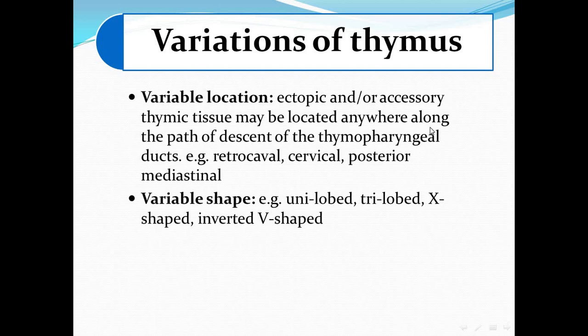If it's not found within the normal location and there is a soft tissue mass elsewhere which has the same characteristics of the thymus gland, we should think of variable location of the thymus. Variable shape: it can have a unilobed shape or trilobed or X-shaped or inverted V-shaped.